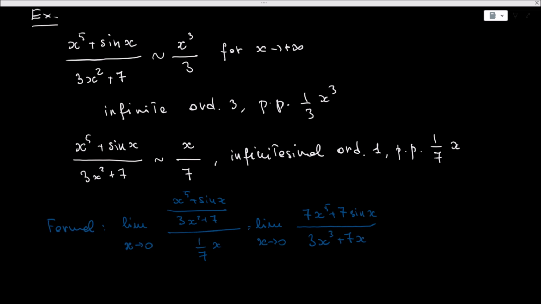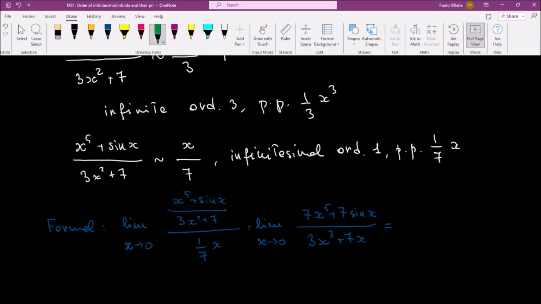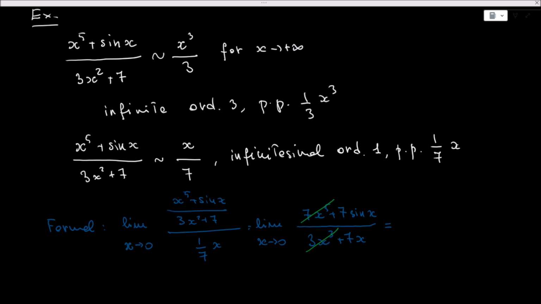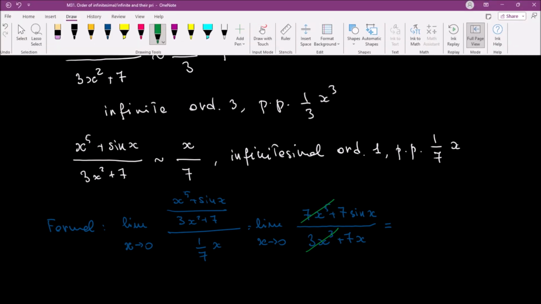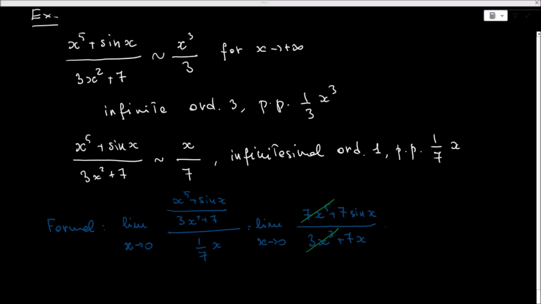And, well, this is just, for x that goes to 0, we can immediately neglect the highest powers, and we're just left with something that can be approximated, we can use the asymptotic equivalence.